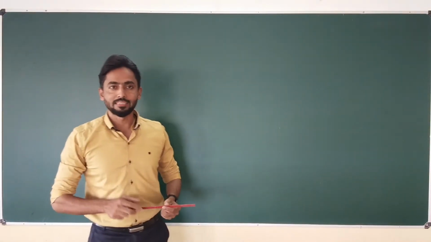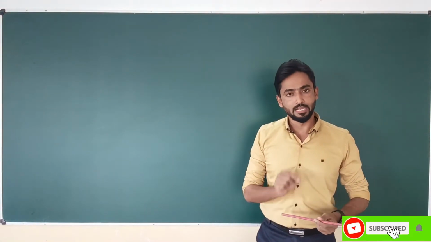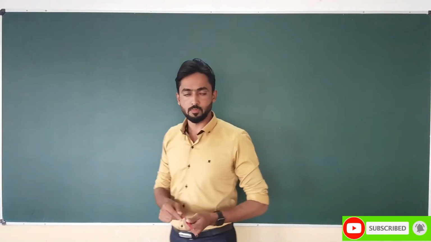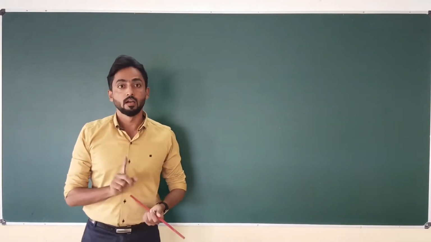Hello everyone. In this video series, I'm going to talk about antigen-antibody interactions. There are two examples of this type of interaction which are very common, precipitation and agglutination.